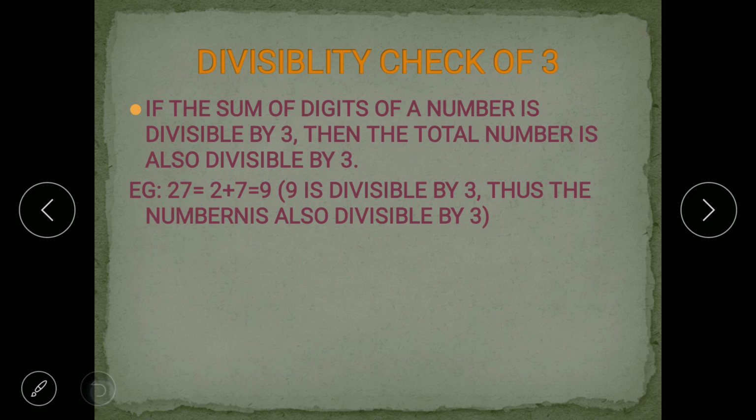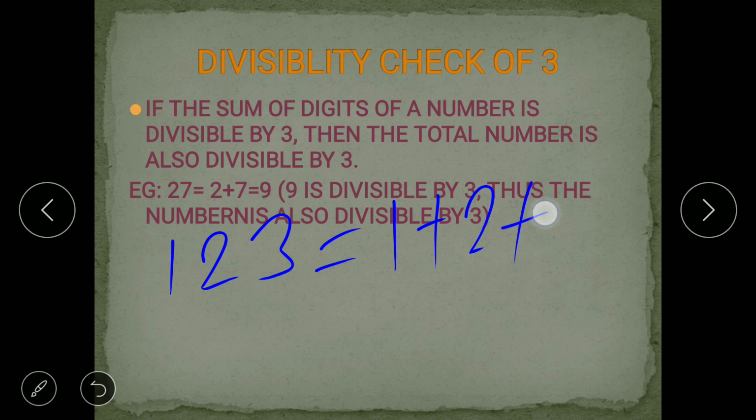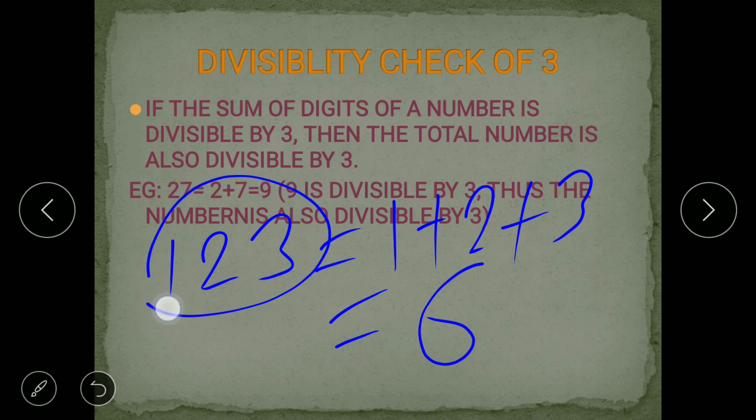Let's take another example. Say 1, 2, 3. Add the digits. 1 plus 2 plus 3 gives you 6. As 6 is divisible by 3, the total number 1, 2, 3 is also divisible by 3.